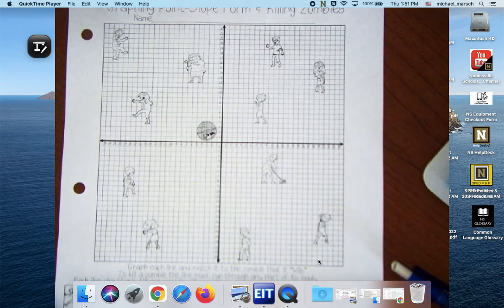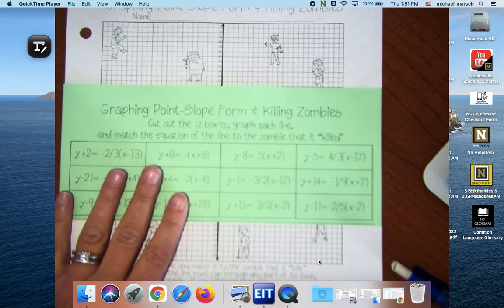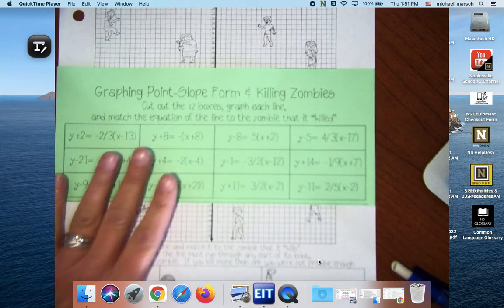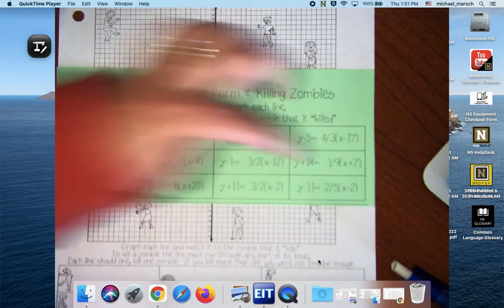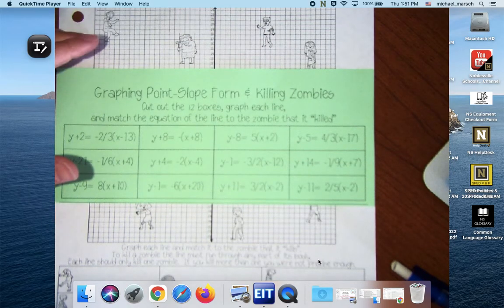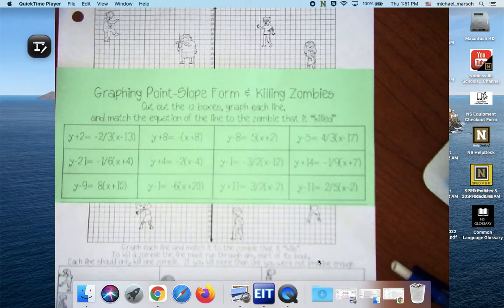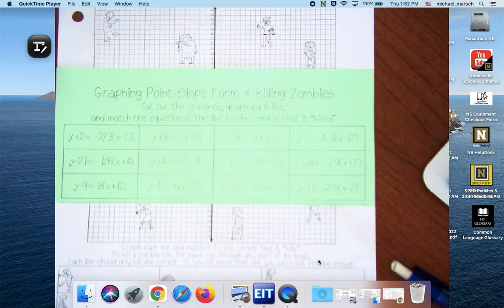And you also have a bunch of equations written in point-slope form. So what you're going to do is change these into slope-intercept form and then graph them and hope that the line goes through a zombie. Because if the line doesn't go through a zombie, then you made a mistake.